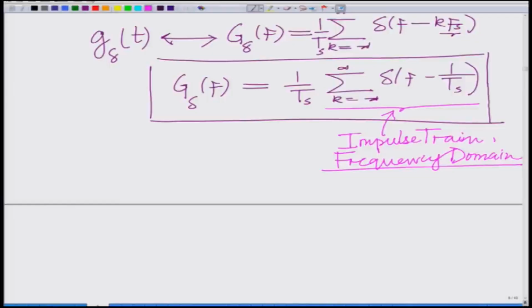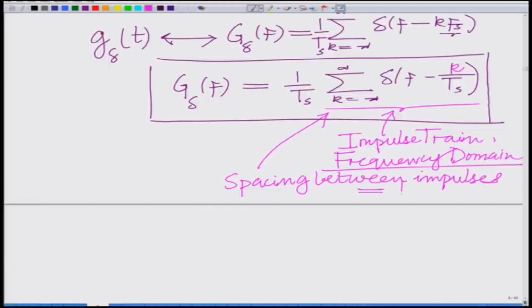Further, I am missing a factor of k over here: each impulse is at f minus k over T s. So the spacing between impulses equals f s, which equals 1 over T s.